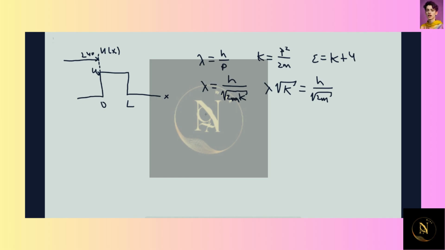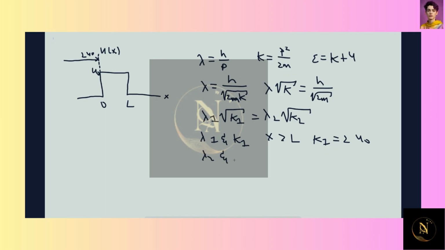So what we can say is that lambda 1 square root of K1 is equal to lambda 2 square root of K2, where lambda 1 and K1 are for x is greater than L, where K1 is equal to 2U0, and then lambda 2 and K2 are for 0 is less than x, which is less than L.